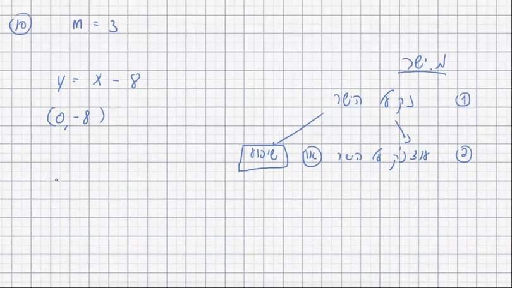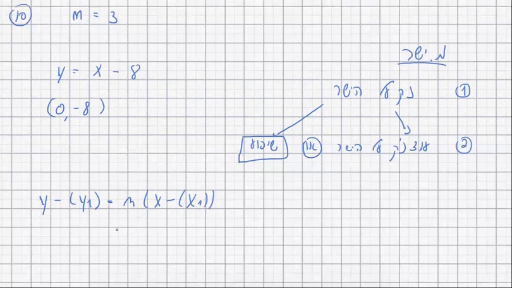The y minus y1 equals m, x minus x1 in parentheses. Okay, so y minus minus 8, equals 3 times x minus 0.